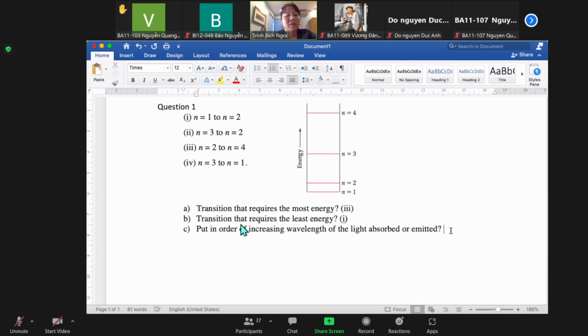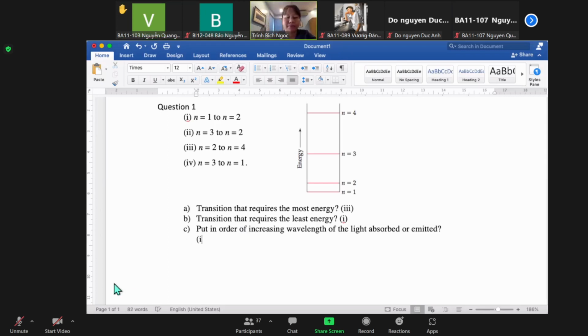Okay, so here question C is you need to put in order of increasing wavelength of the light absorbed or emitted of these 4 transitions. I think the arrangement is 3. Yes.